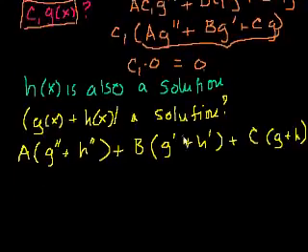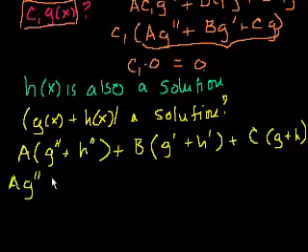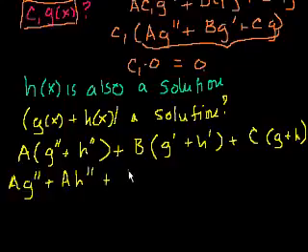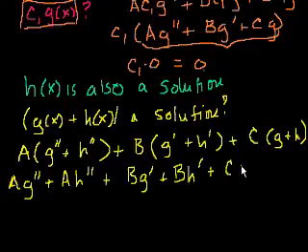And now what can we do? Let's distribute all of these constants. We get a times g prime prime plus a times h prime prime plus b times the first derivative of g plus b times the first derivative of h plus c times g plus c times h. And now we can rearrange them.